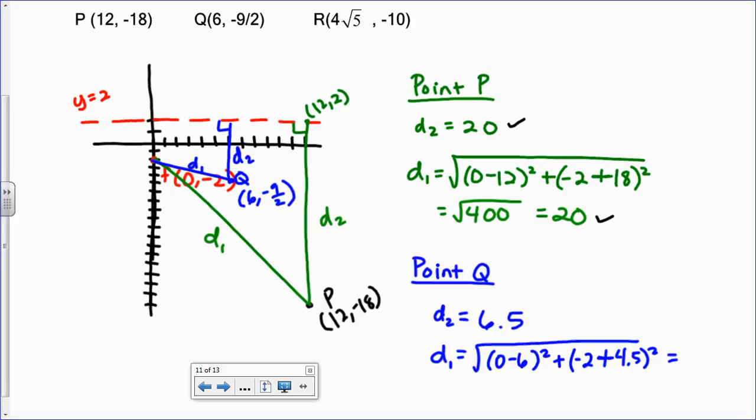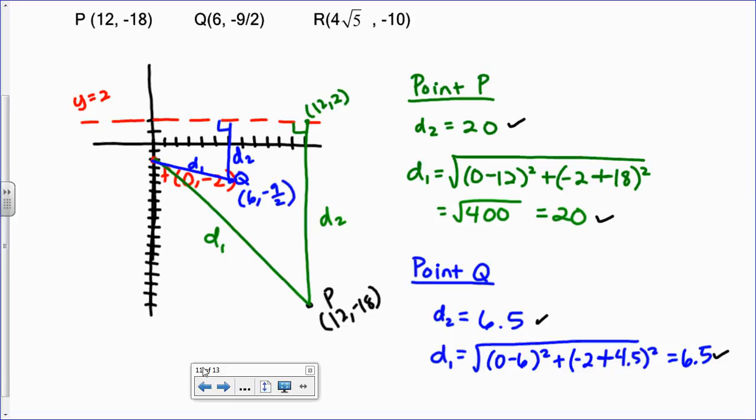So let's calculate that. And we should get 6.5. Does that work? You get 6.5? Okay. We're not going to do R, but if we had to do R, 4 radical 5, that's just a number. So type that in to see what it is approximately so you know where to graph it. And then you'll type in 4 square root 5 on your calculator when you're doing distance formula.